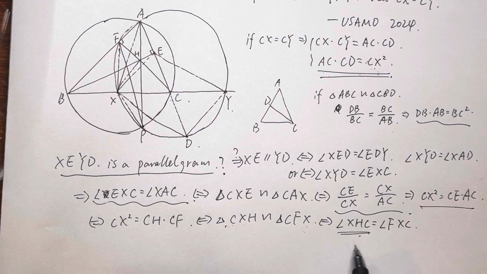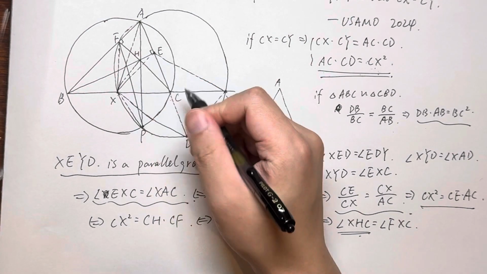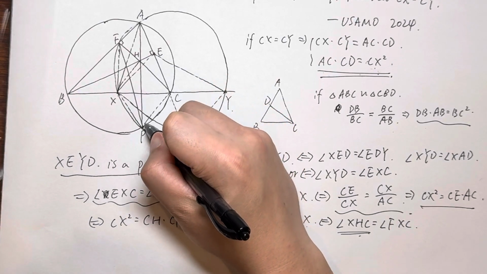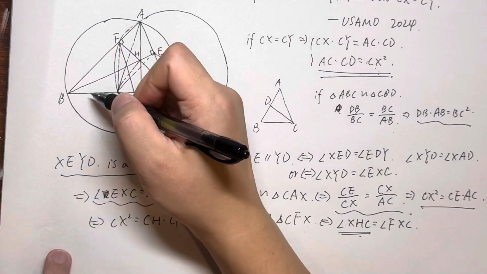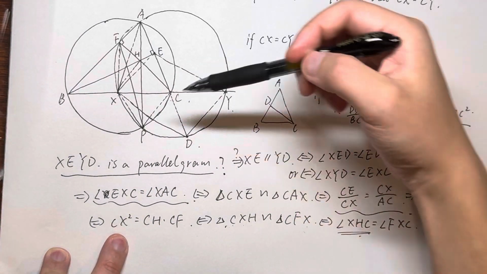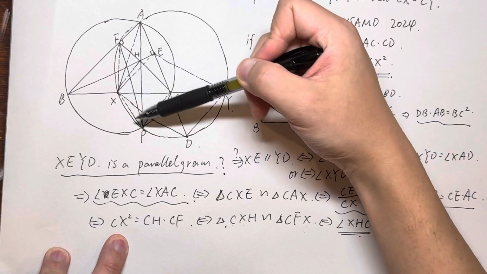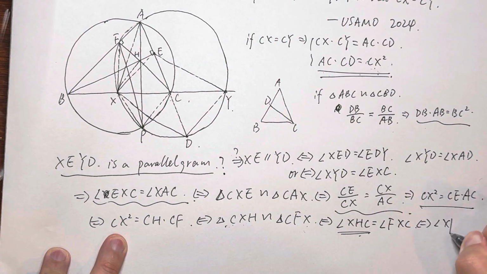Just because when we want to use the angle XHC, we're actually using the problem set that P is a symmetrical of the point H, which is a good sign that we are using the problem set, which means we're on the right path. Okay, now we connect CP.